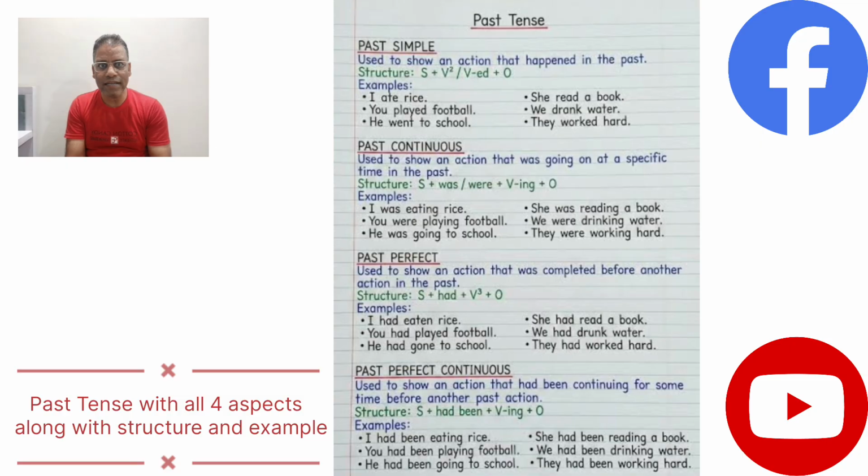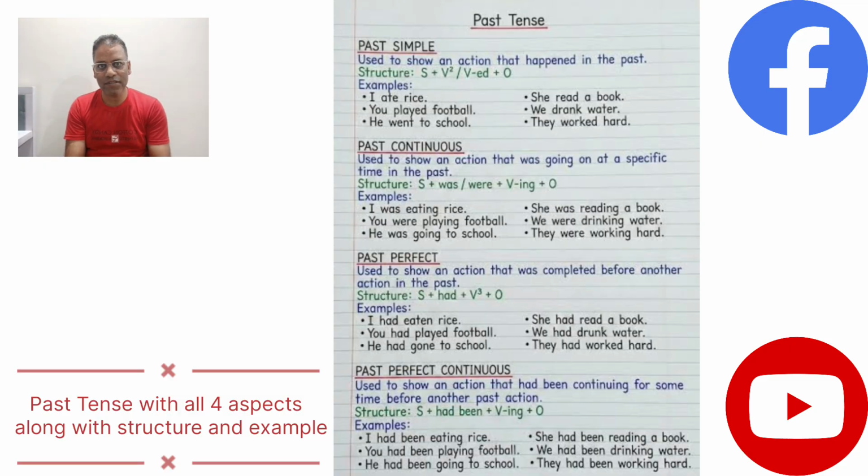For the past perfect tense, we use an action that happens somewhere in the past across the timeline, and we usually connect a conjunction along with another clause in this action. Say, for example, I had eaten rice when you ate mango. For the past perfect continuous, again, it is the action that had been continued for some time, and it shows the duration and the continuity of the action.